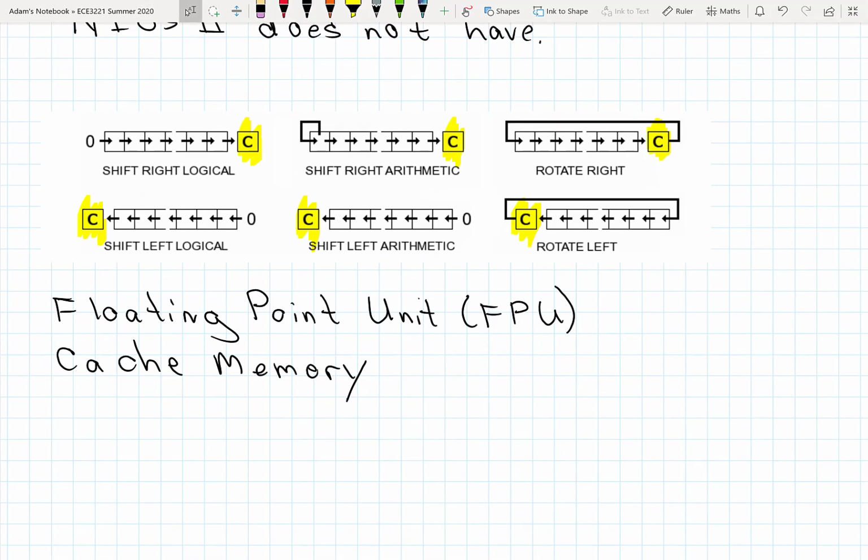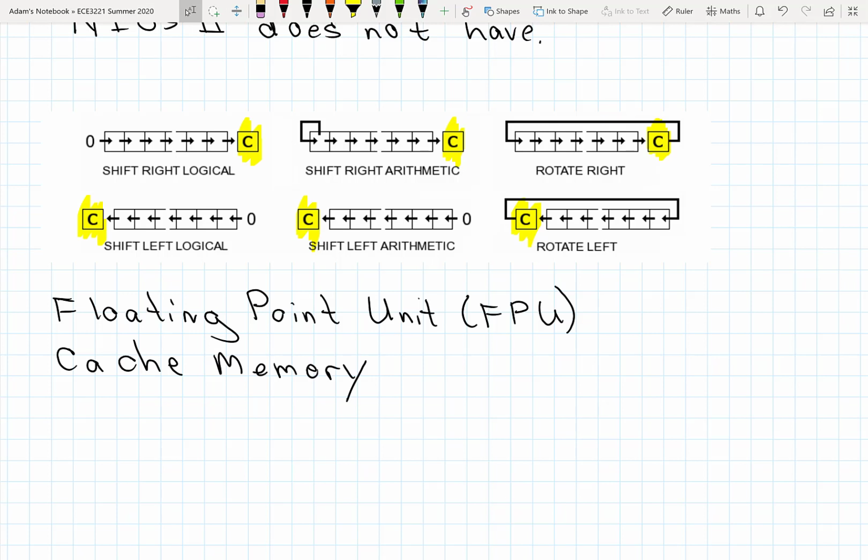So cache memory is quite common, and it would be good to appreciate its utility and some of the terminology, like a cache hit, where the value in cache is indeed the next value that you want, or a cache miss in the case that the contents aren't actually what you are hoping for.